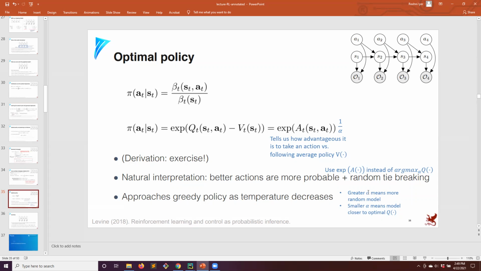When we have a greater alpha, this term becomes very small, and the model has more randomness. But when we have a much smaller alpha, this becomes much larger, and it becomes closer to the optimal Q function, which is like doing the argmax over the actions. So that's the idea here.